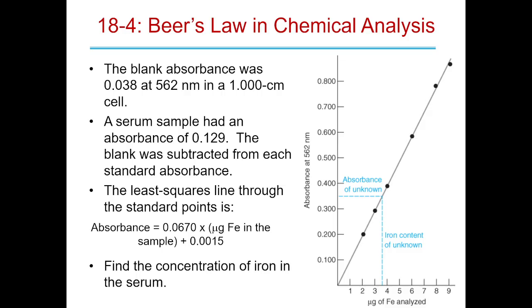So is the blank the y-intercept? If you did not take this blank, it would be added into the y-intercept. And it's not just the error of the blank in the y-intercept. There's also other errors in there. Typically, this gives you systematic errors.